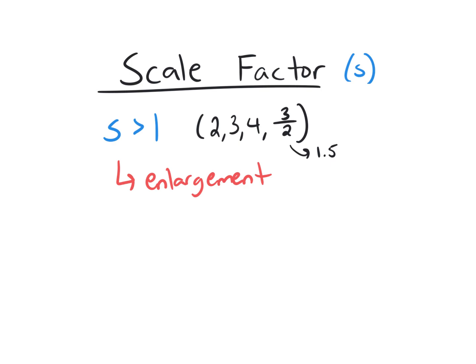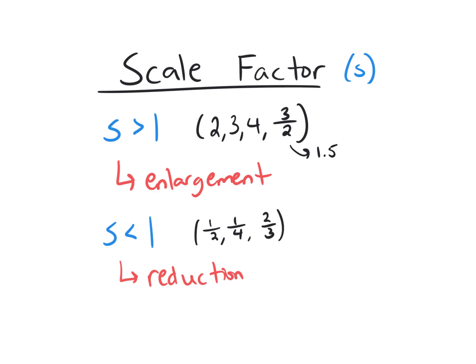What if my scale factor was less than 1? It's going to be a reduction. So for the scale factor being less than 1, we're going to stick with positive numbers here. Less than 1 could be 1/2, 1/4, 2/3. We're going to stick with numbers greater than 0.